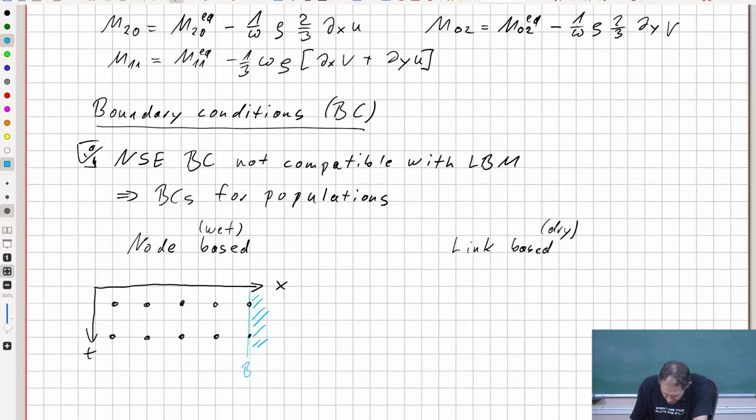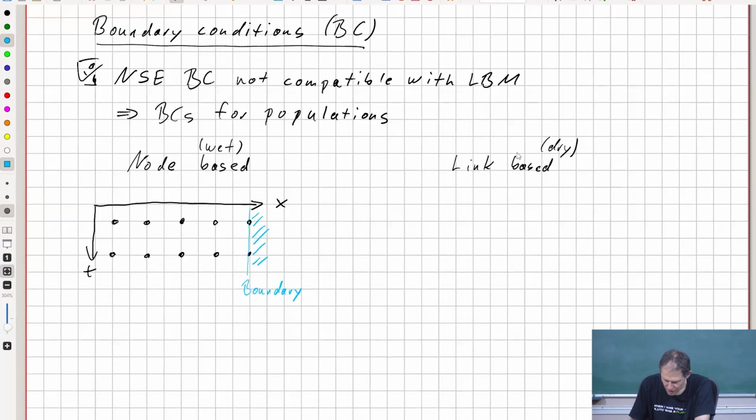So here we have a boundary. This kind of thing you'll often see in particular textbooks. This potentially also means that it is what ChatGPT knows the best of.